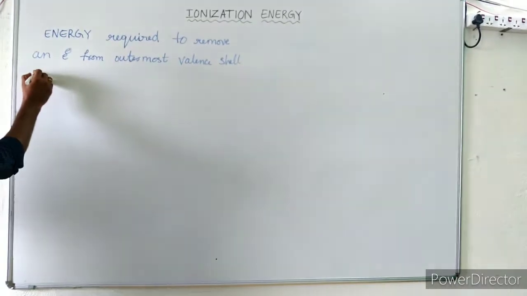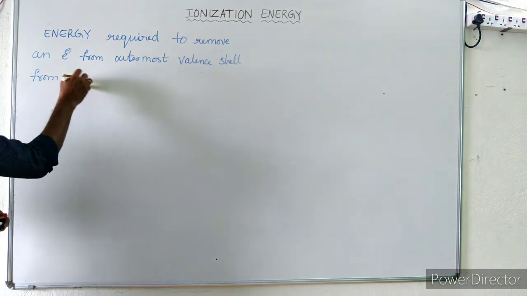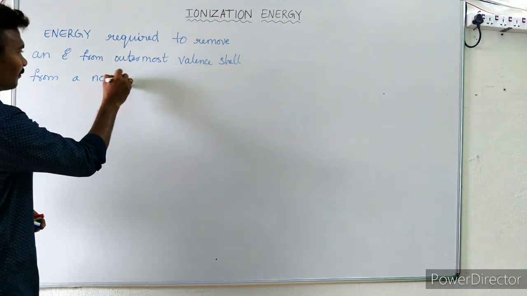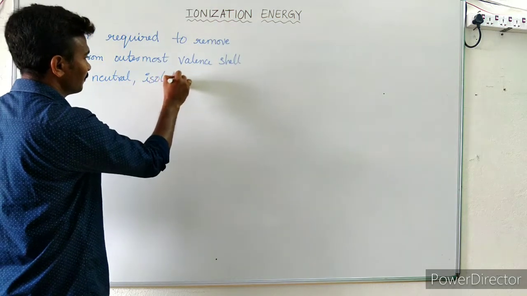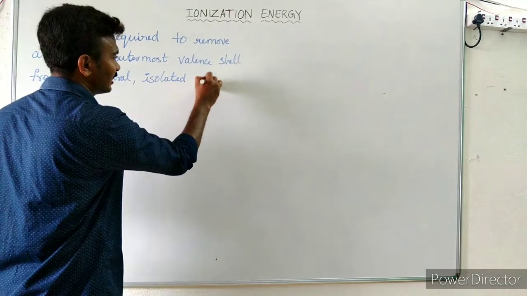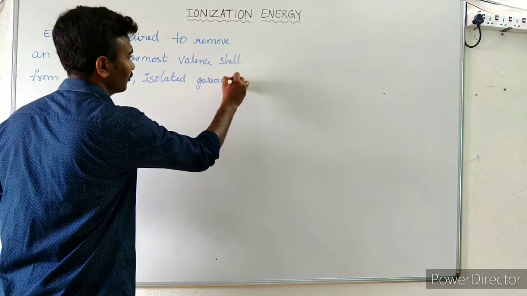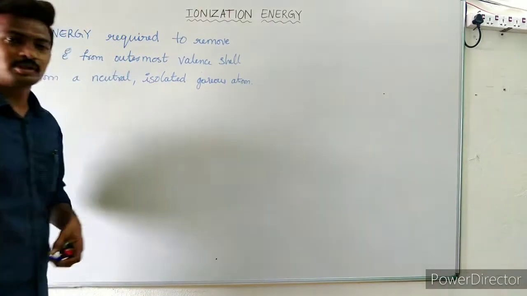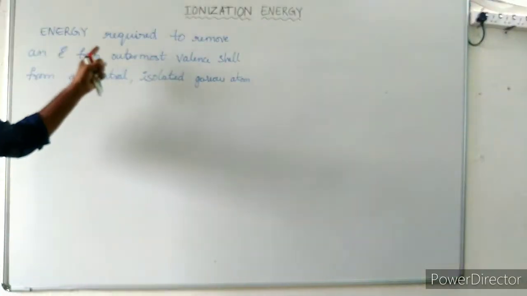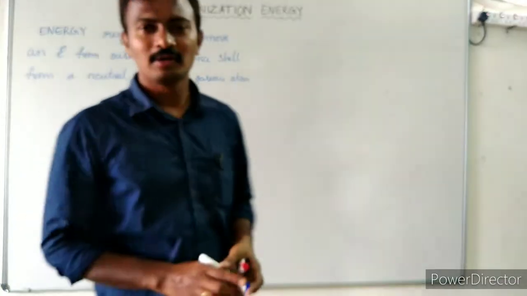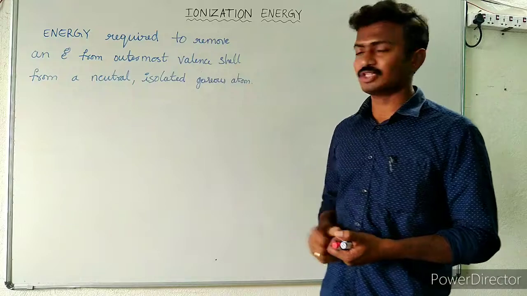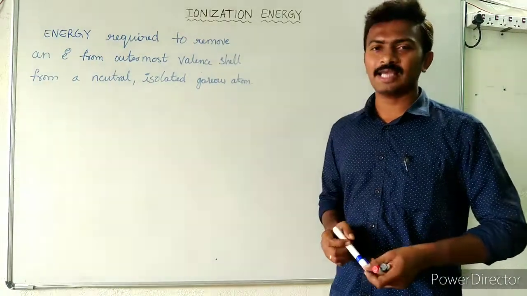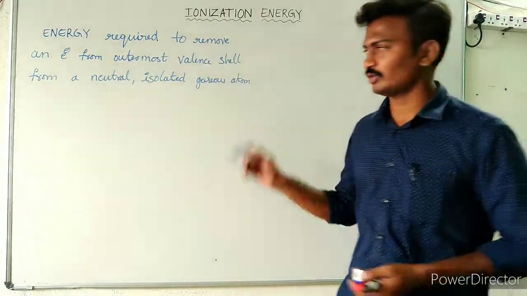From where are we removing? From a neutral, isolated, gaseous atom. This is ionization energy. Ionization energy is the energy required to remove an electron from the outermost valence shell of a neutral, gaseous and isolated atom.